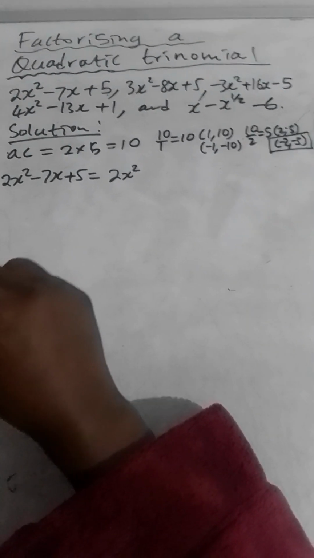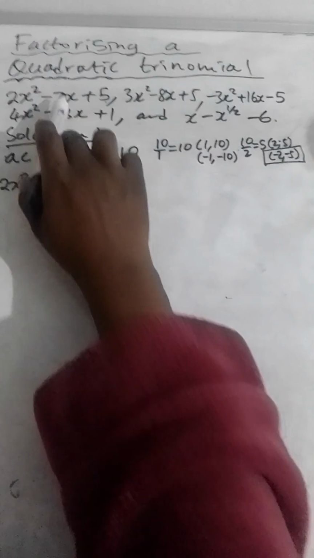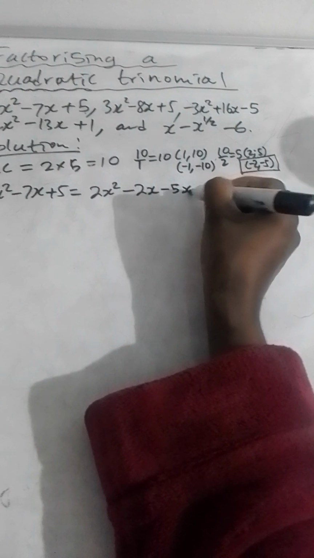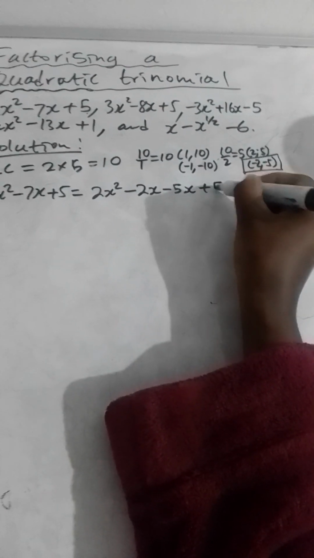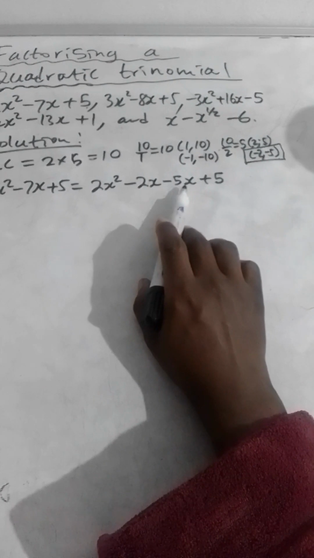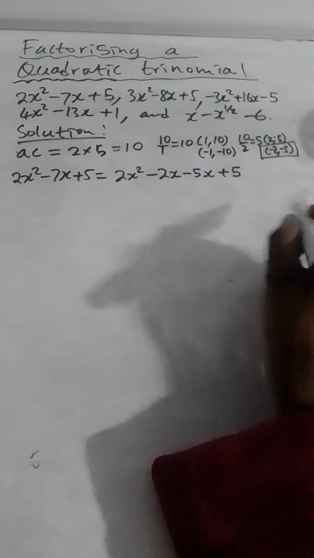Right. So here we're going to split the negative 7x, because that's the second step. Split the negative 7x using the factors that you have. You're going to have negative 2x, negative 5x plus 5. So we've split it. If you check, negative 2x and negative 5x will give you negative 7x.